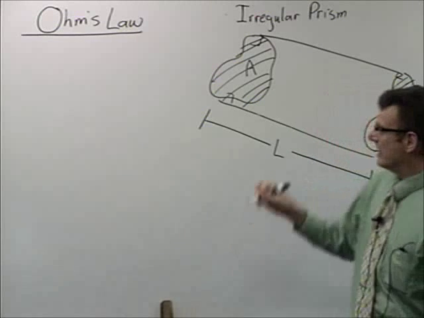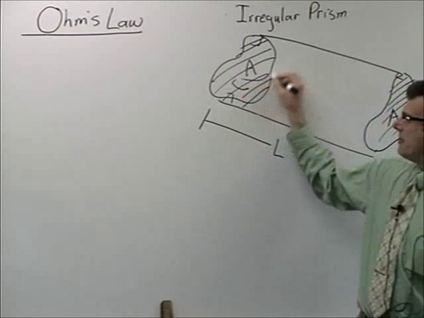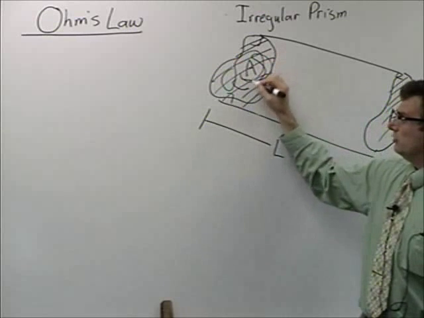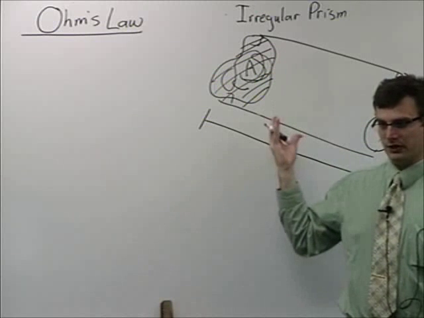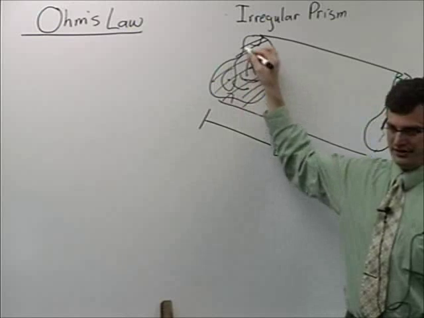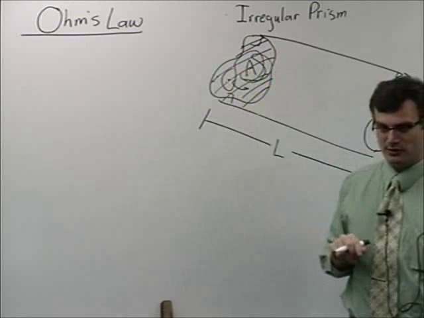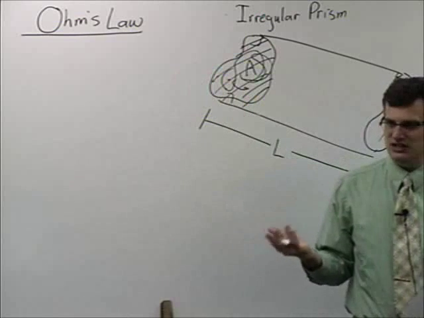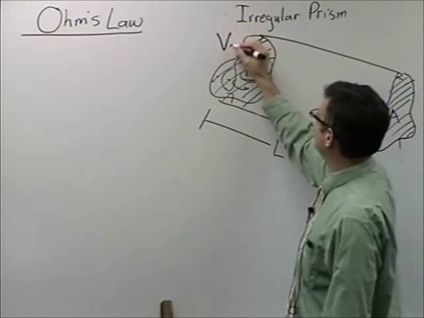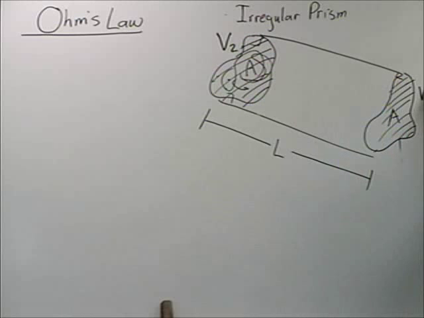So I could start on this piece of metal, and no matter where I go, I'm never going to accumulate any E field if I stay on the metal, and therefore the potential is always the same at this part of the metal and that part of the metal. So I can call this one potential V sub 2, for example. And over here, I can call this V sub 1.